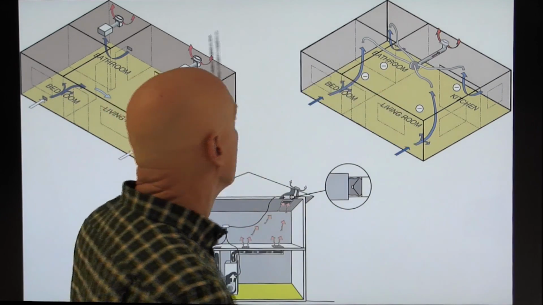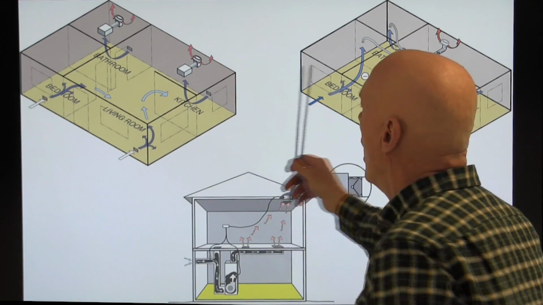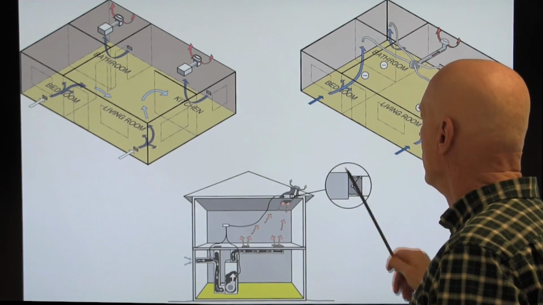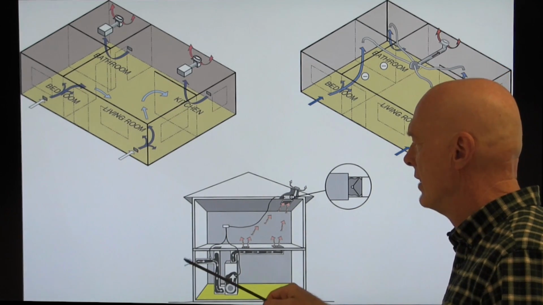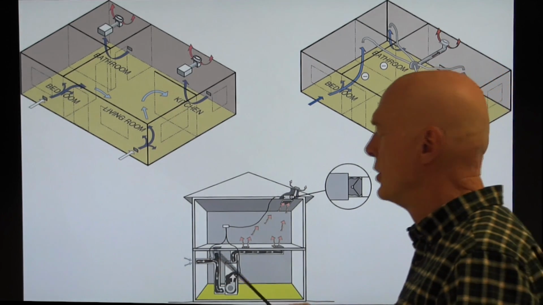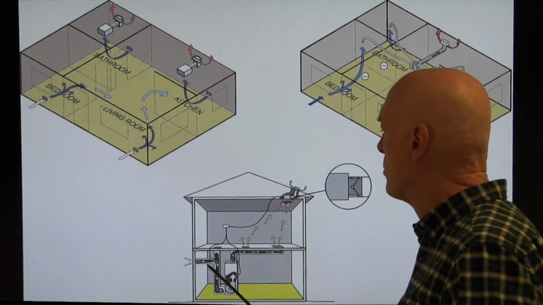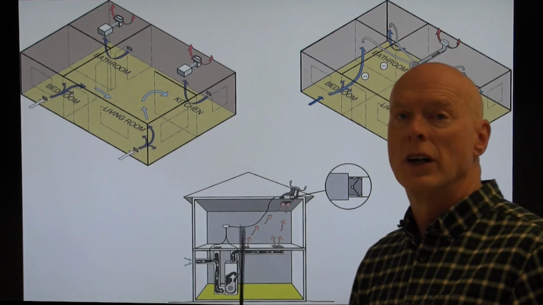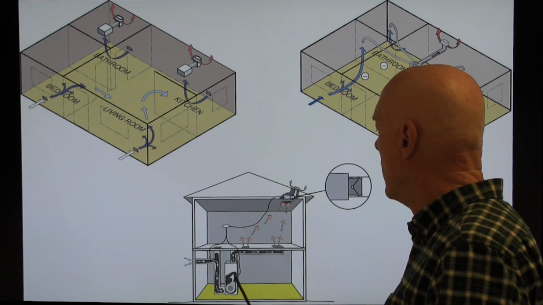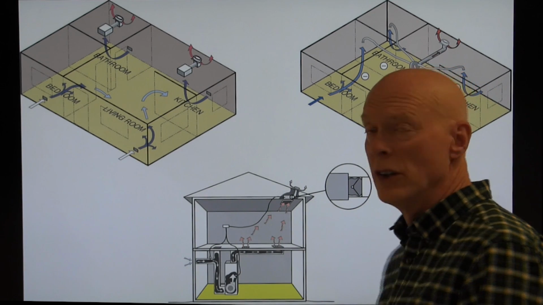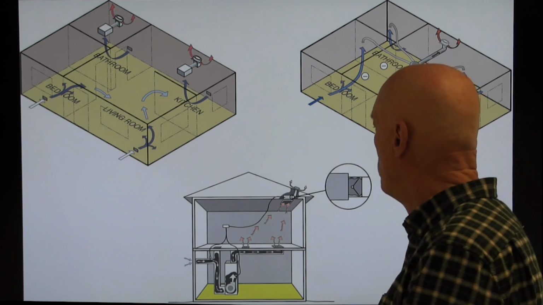So these are two versions here of exhaust only ventilation. Down here, we're looking at supply only ventilation. And in supply only ventilation, we have a damper that allows outdoor air to come into the return and to be conditioned, and then go up into the house.